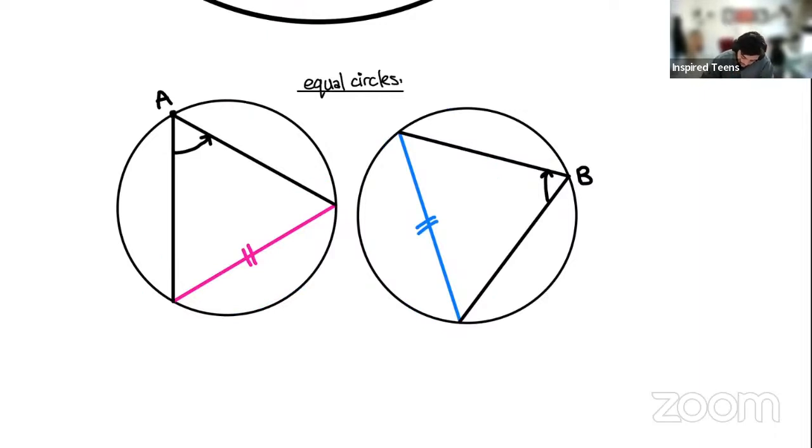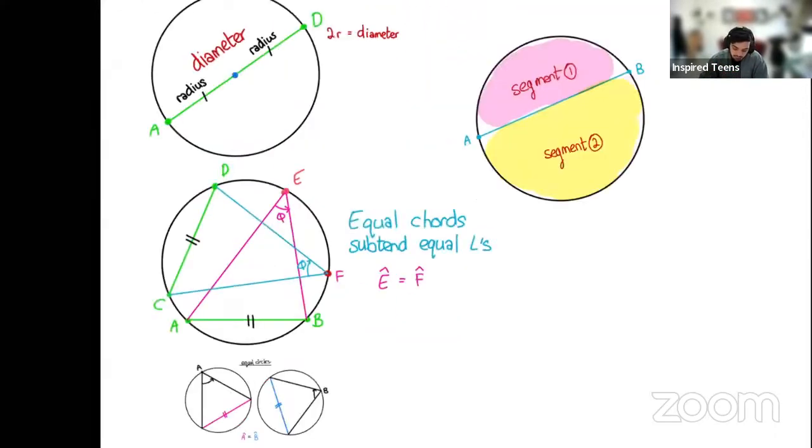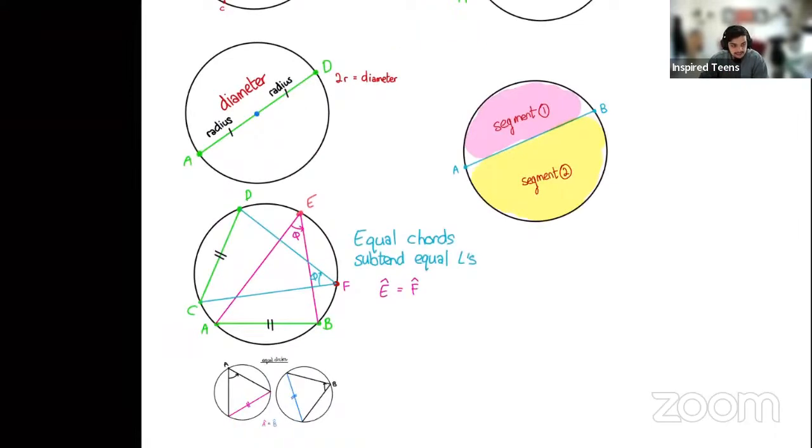So basically, angle A is going to be equal to angle B. And the reason for that is because they are subtended by chords which are equal in length. Okay, I think we can move on from that. I hope it makes sense.